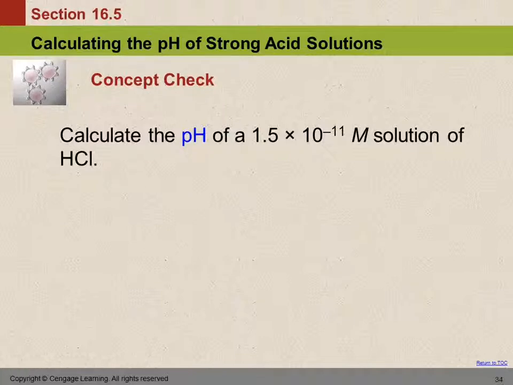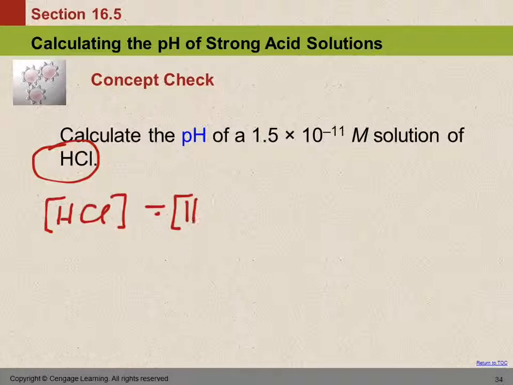How about calculate the pH of a 1.5 times 10 to the minus 11th molar solution of HCl? Well, this is exactly the same idea, right? Here we've got HCl. That's a strong acid. So the concentration of hydrogen chloride is equal to the concentration of the hydrogen ion, which equals that.